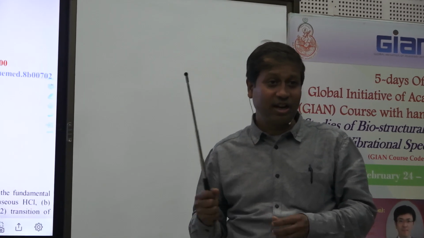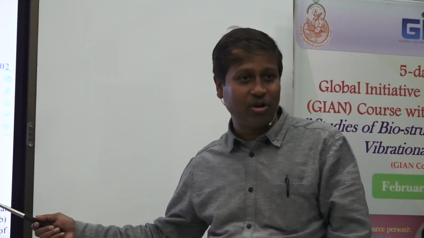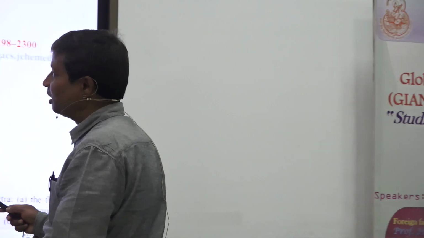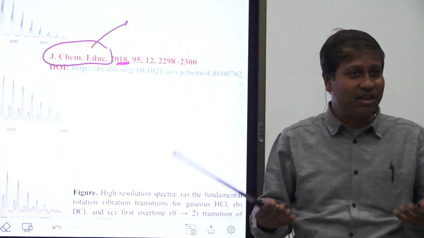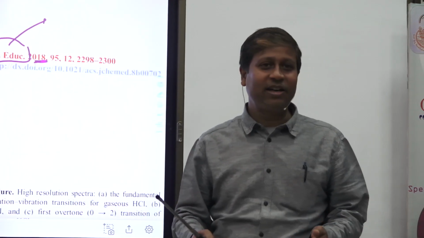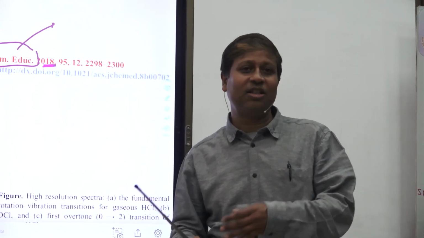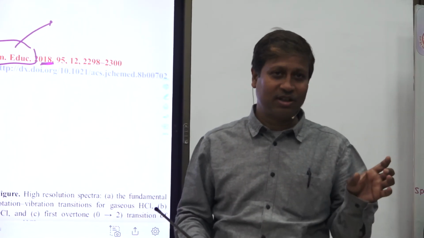So imagine they are doing work on the HCl molecule, which is supposed to be a very traditional one. The beauty is that whatever data they get using the recently developed instrument, that data is the ultimate. So that changes the textbook numbers.